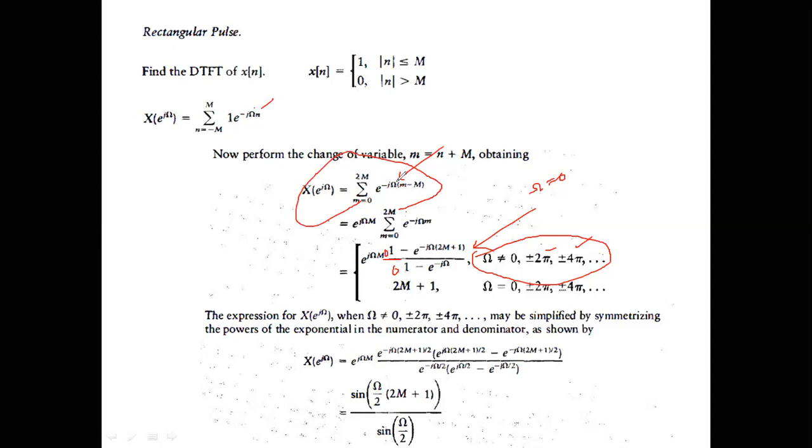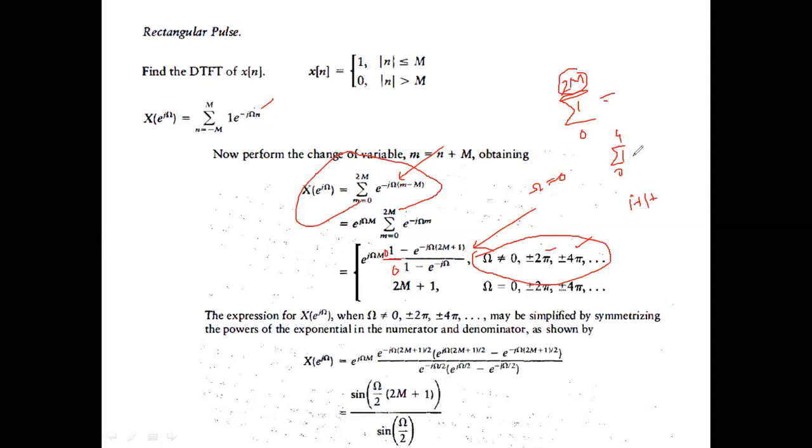The moment I substitute omega equal to 0 here, it simply becomes summation from 0 to 2m of e to the power 0, which is 1. What will be the summation from 0 to 2m of 1? It will be the upper limit value plus 1, right? Are you comfortable with this? Summation of 1 from 0 to 4 is what? 1 to the power 0 plus 1 to the power 1 plus 1 to the power 2 plus 1 to the power 3 plus 1 to the power 4.